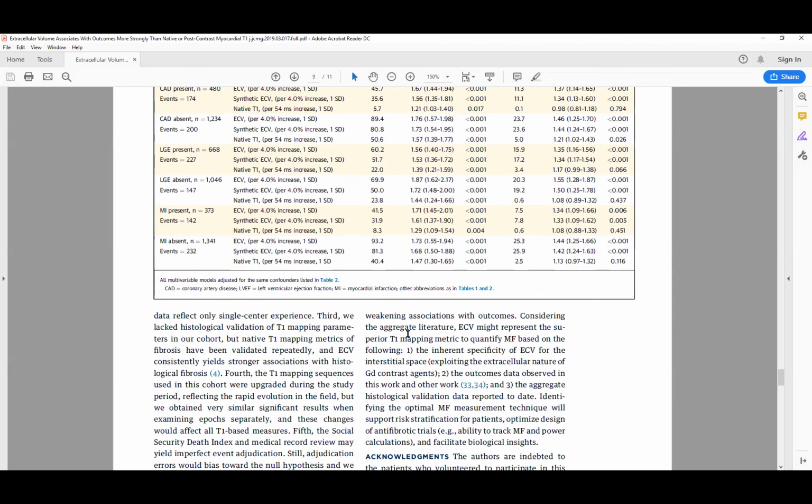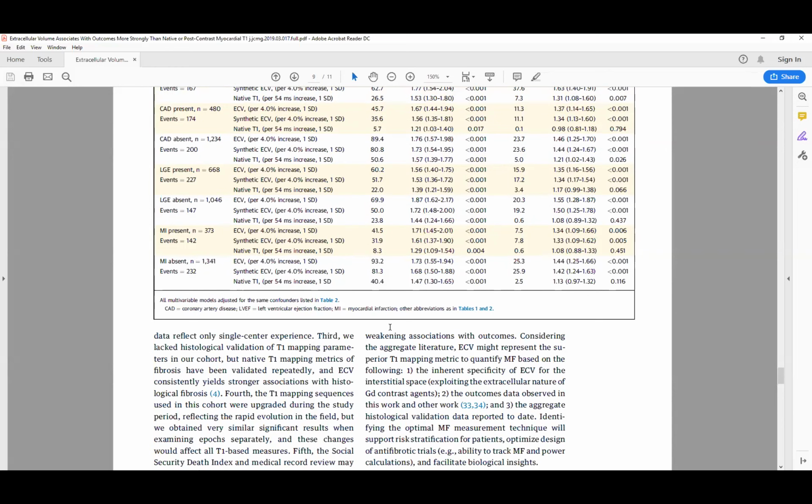And I think the reason for that is it's simply not confounded by anemia. It's not confounded by variance in renal function and things like that, which also may influence all the other post-contrast measures. And as we know, native T1 measures whole myocardium.